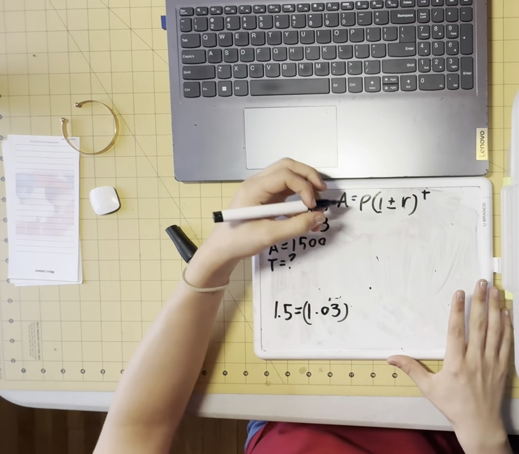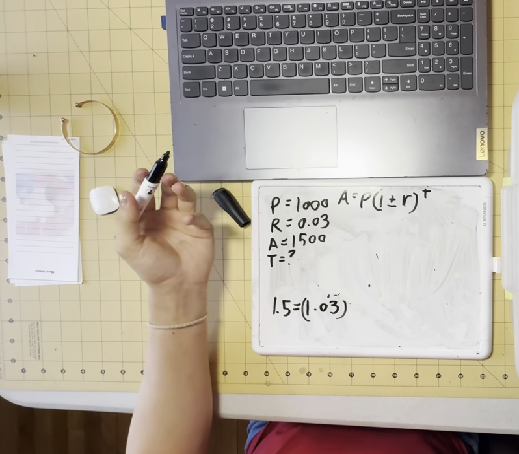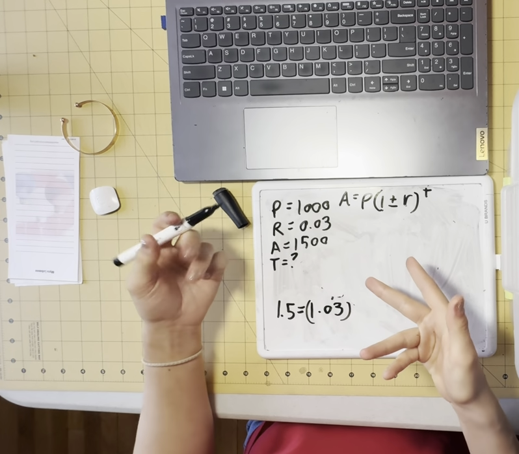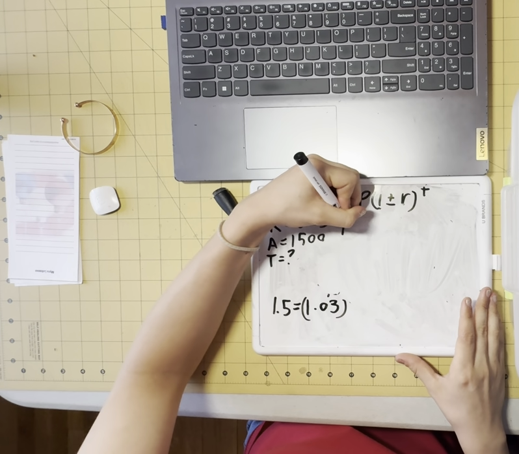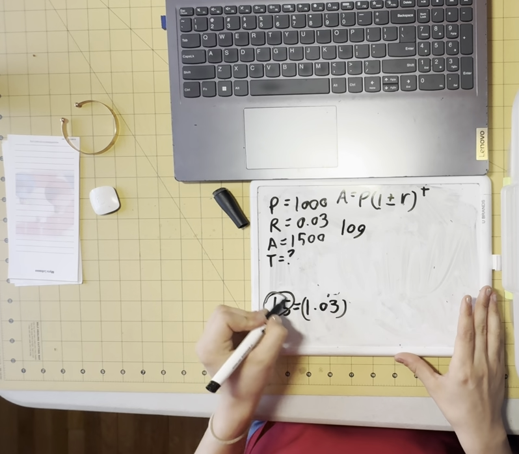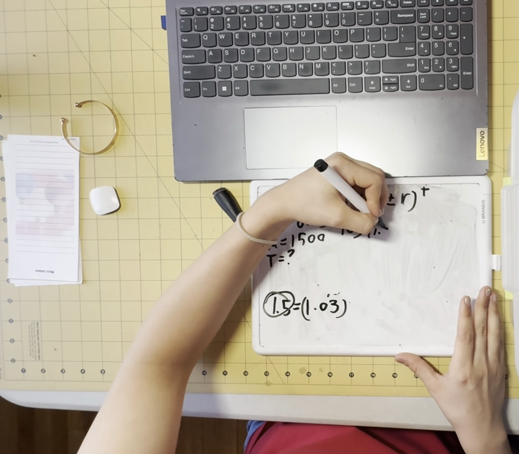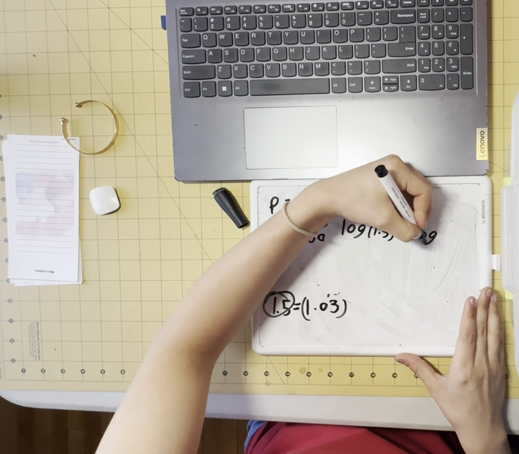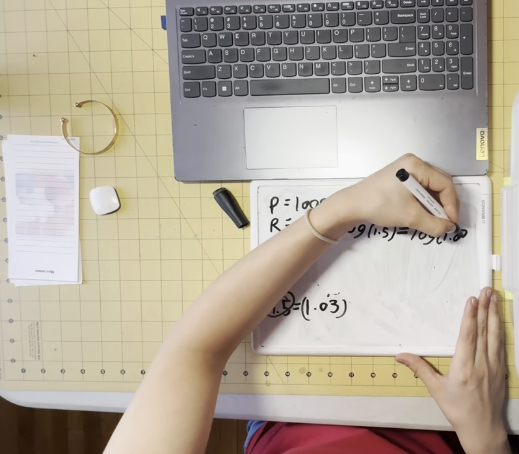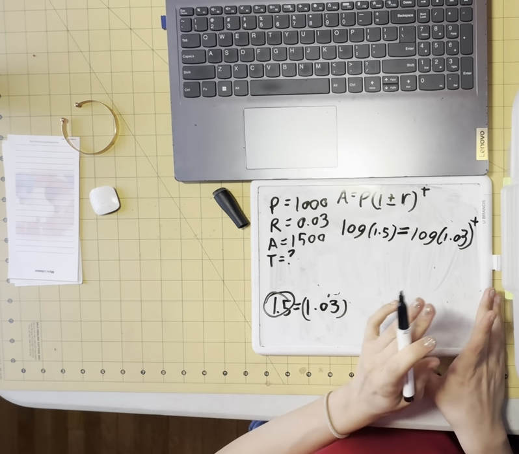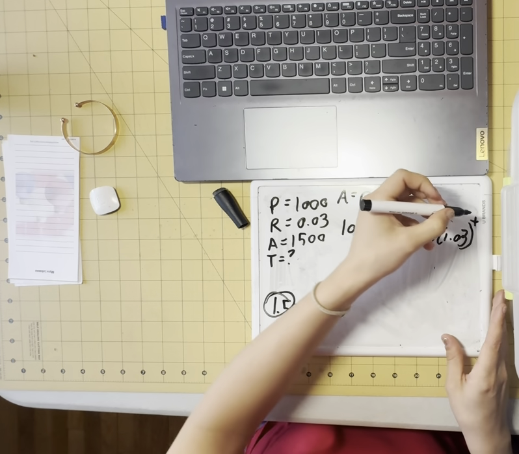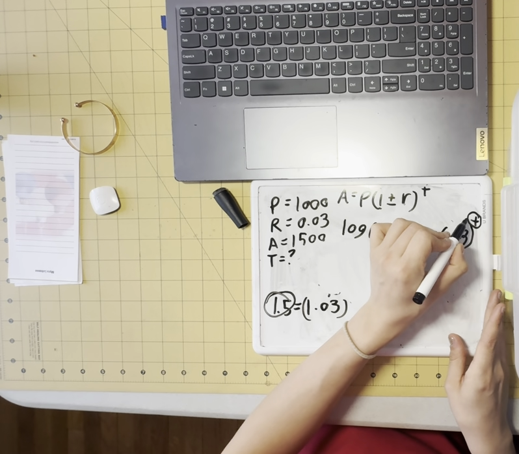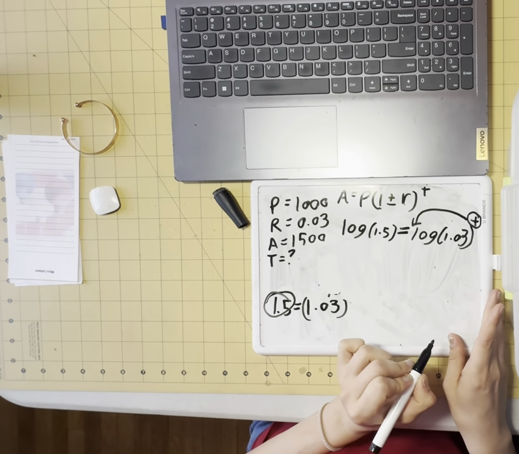Okay, so a log is a different way of writing. It's technically the inverse of an exponential, but it's an easier way to explain it. So we're going to do log with the value that we were already given, which is 1.5. Log 1.5 is equal to log 1.03 to the power of T. Now, there's something called the power rule, which means that any equation that has an exponent, you can bring it to the front.